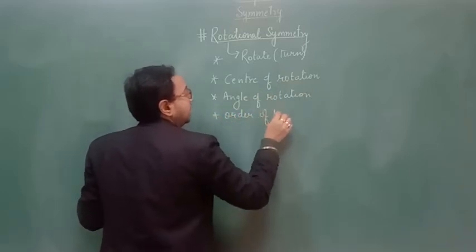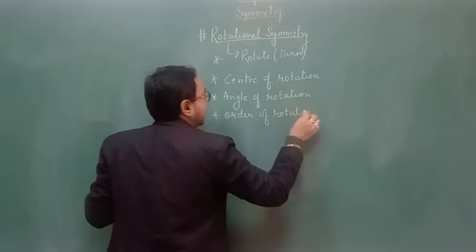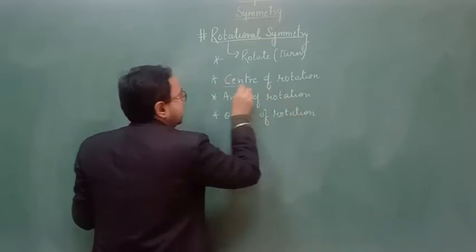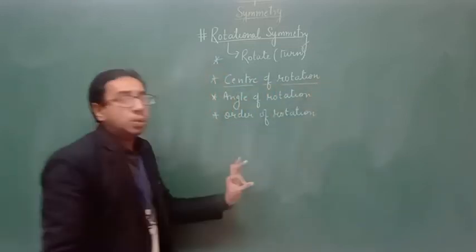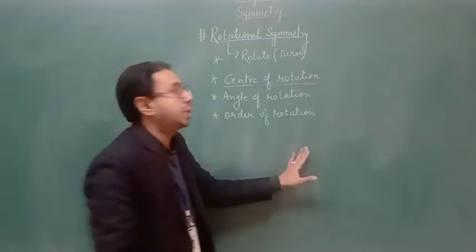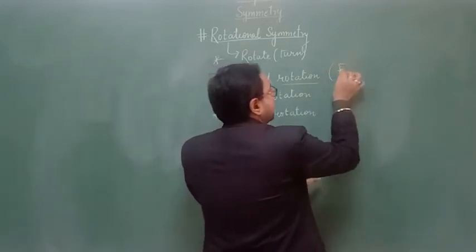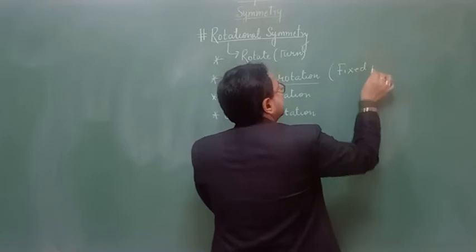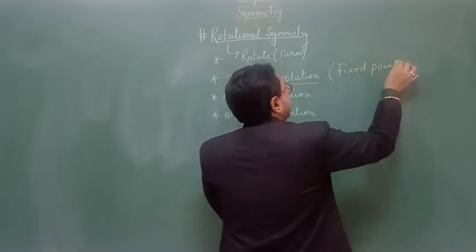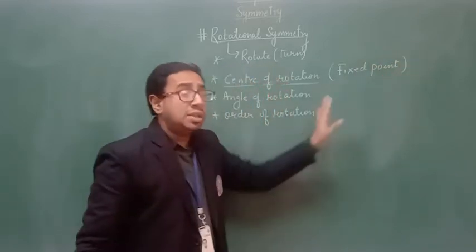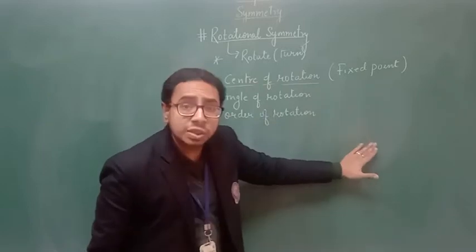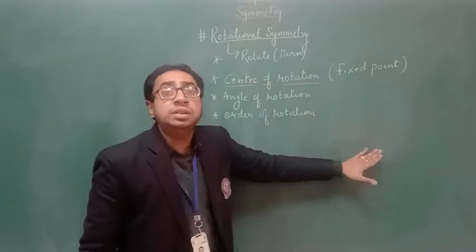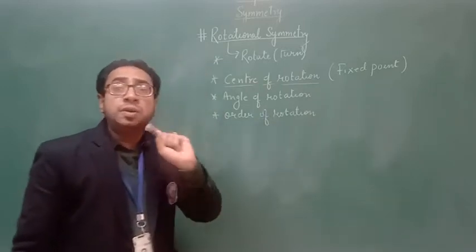What do you mean by angle of rotation and order of rotation? That we will discuss. Center of rotation is the fixed point about which you are rotating something. That is the meaning of center of rotation.